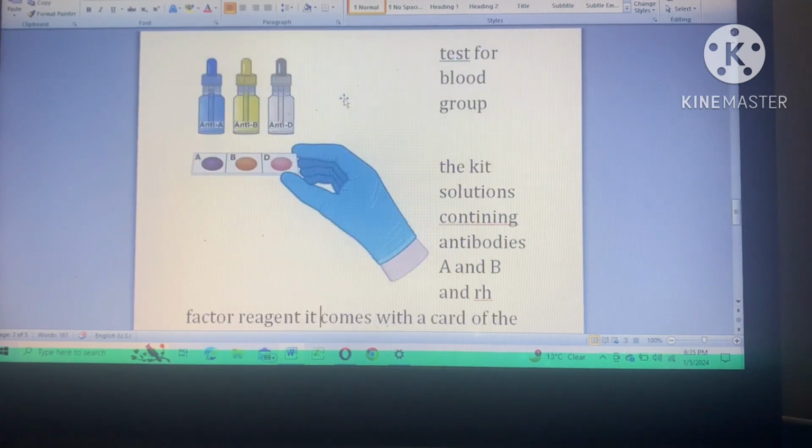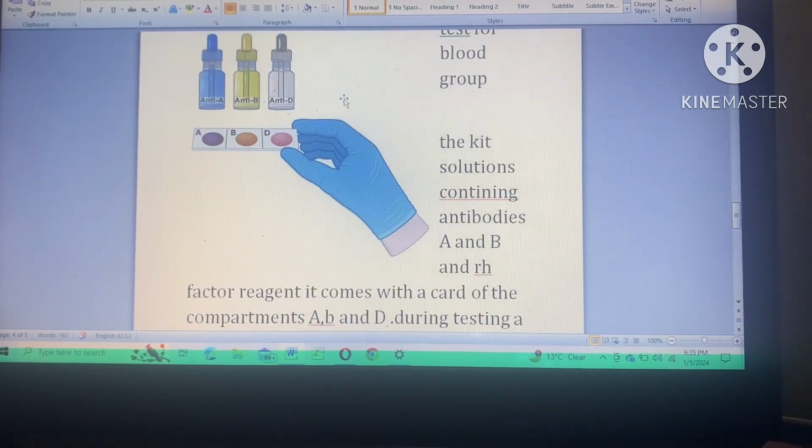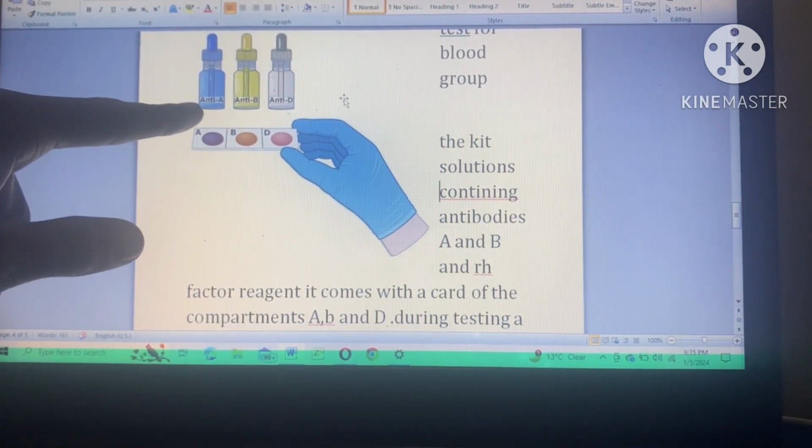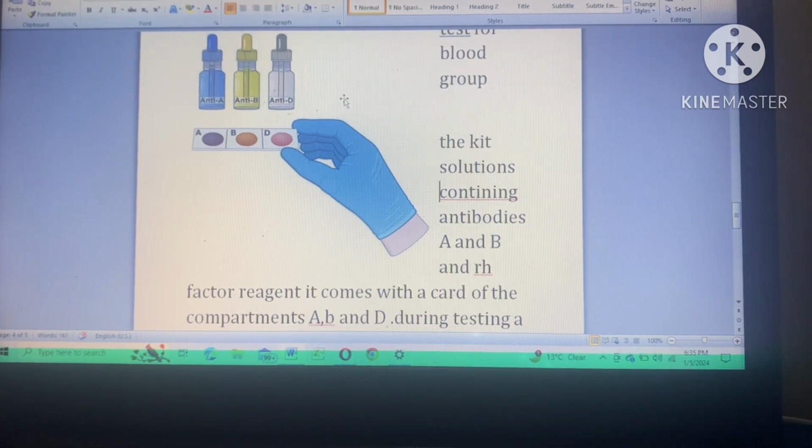All right, let's go to the test now. As you can see, this is the kit for testing blood. It comes in three bottles. Here we have the first bottle, which contains anti-A antibody.